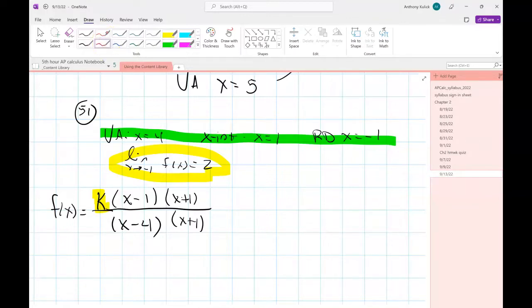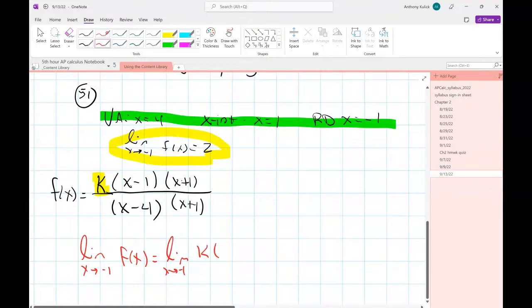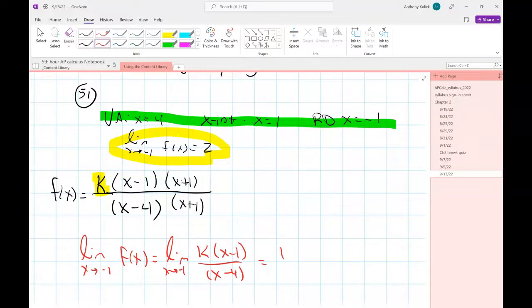Okay. So I know that the limit as x approaches negative 1 of f of x is going to equal the limit as x approaches negative 1 of the reduced version of this. And I love that because that I can do by direct substitution.